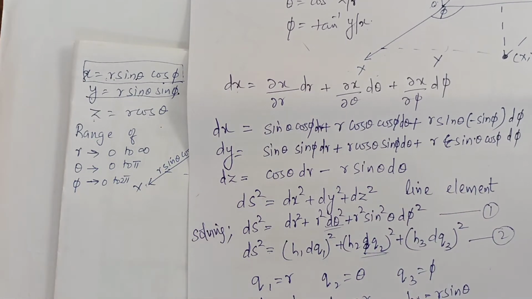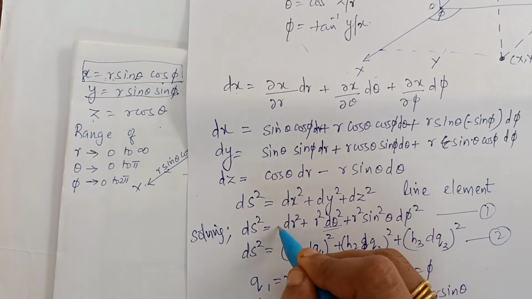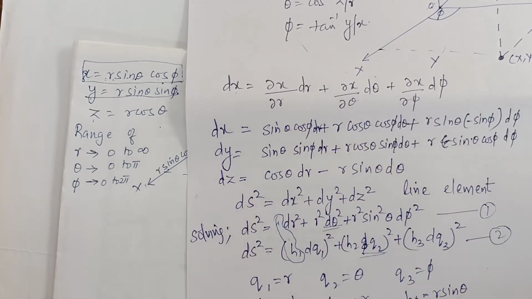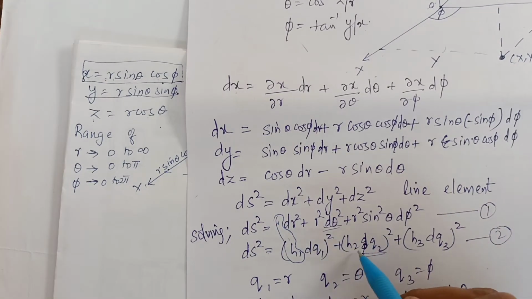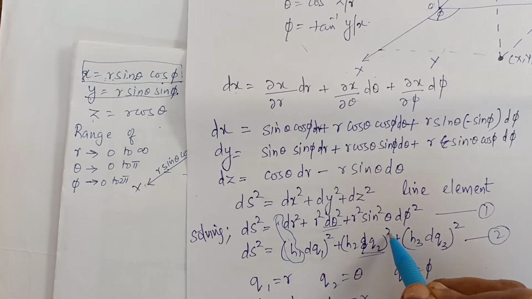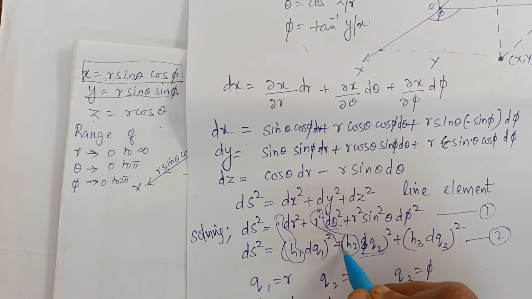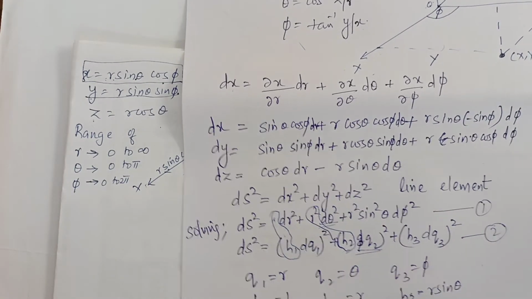I hope this will be easier for you to remember. Here h1 corresponds to 1 only. Here there is no coefficient, so we take it as 1 times dr square. And here there is h2 square, so h2 square corresponds to r square, so h2 is equal to r.